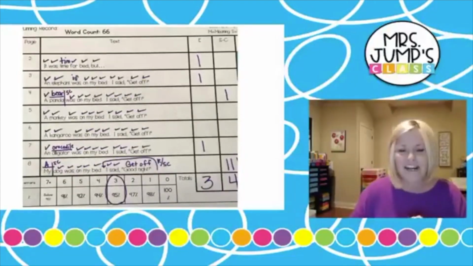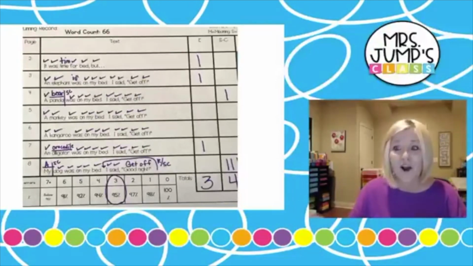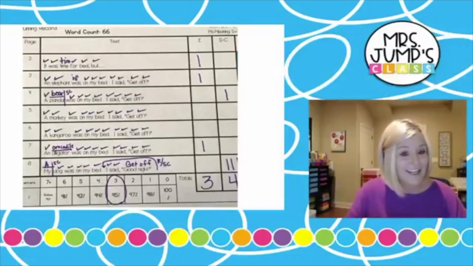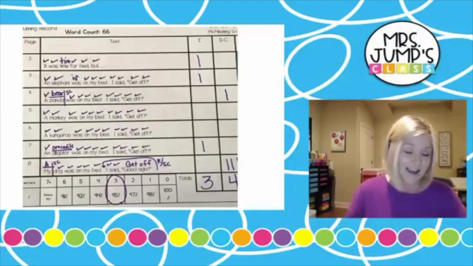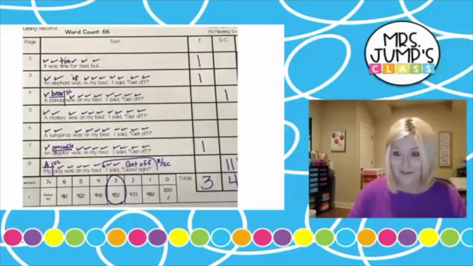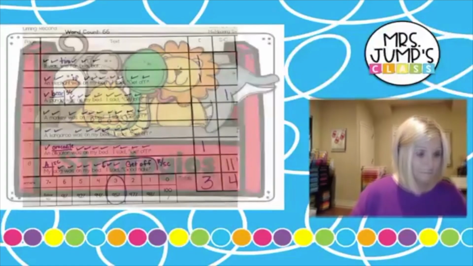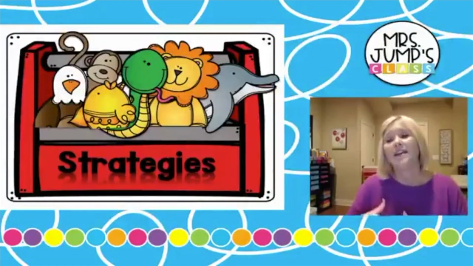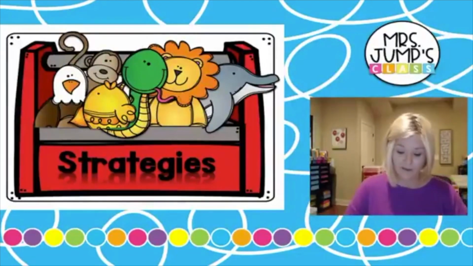Okay, if I move too fast for you, you can always come back. Once I finish the live, this recording will be available in our group, so you can go back to wherever you need if I move too fast for you. Another thing that you'll notice at the bottom of the running record sheet are these strategies that we talked about last time I did a live.